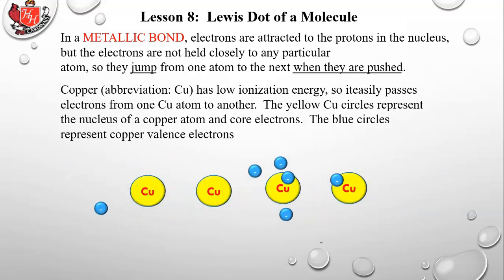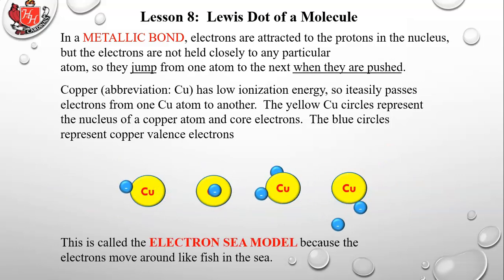And that creates this constant plus-minus charge throughout the metal and throughout the metallic bonds. And what that does is it causes the metallic bond. That's what causes metal atoms to bond together. So this is called the electron sea model because the electrons move around like fish in the sea.